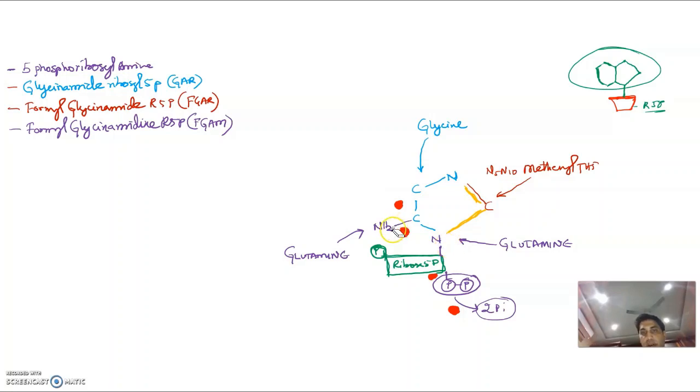I'll remove the extra hydrogens because we get confused. This compound formed after the cyclization reaction is an imidazole ring called aminoimidazole ribosyl 5-phosphate, or AIR, and this requires an ATP.